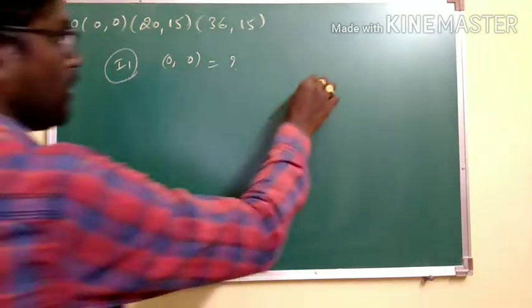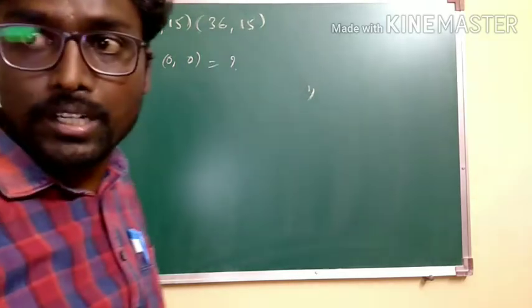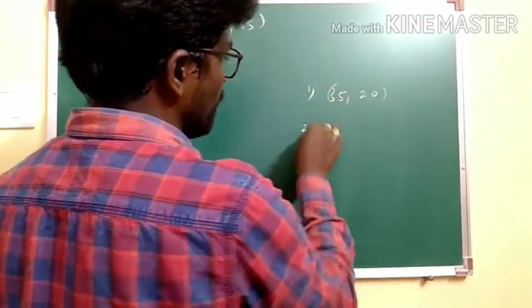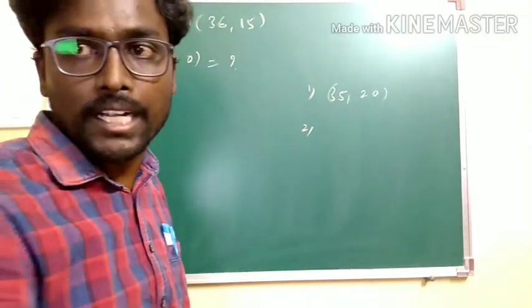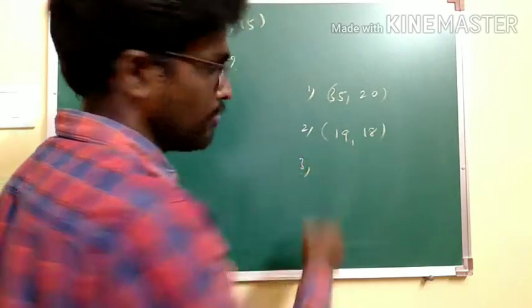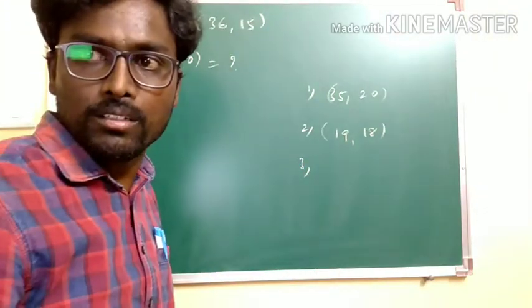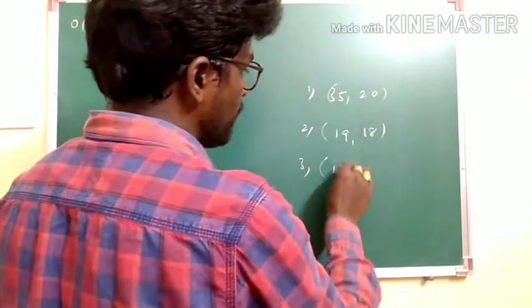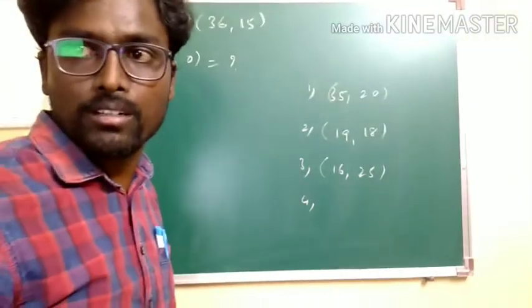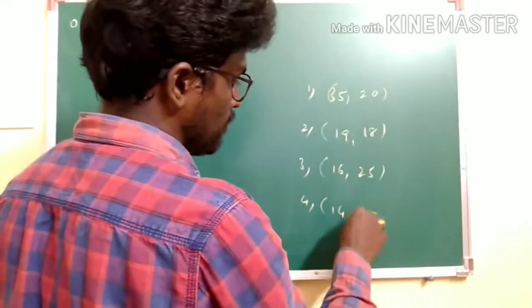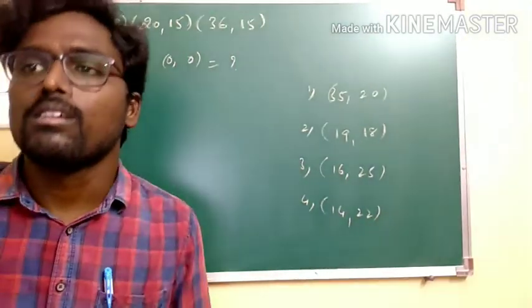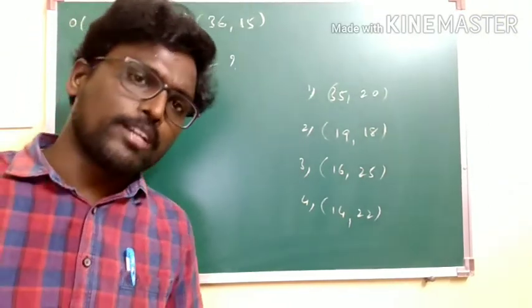Options here we have 35 comma 20, option 2 19 comma 18, 16 comma 25, the fourth option 14 comma 22.